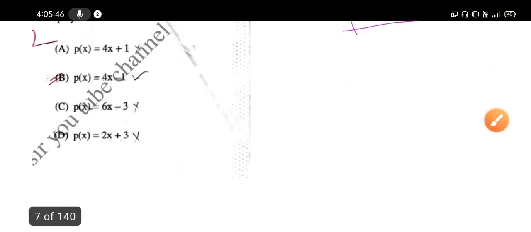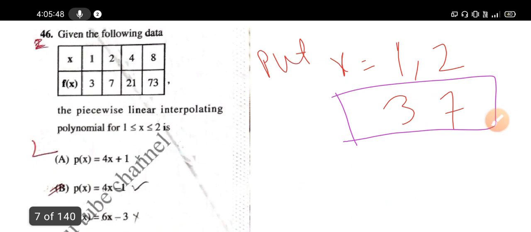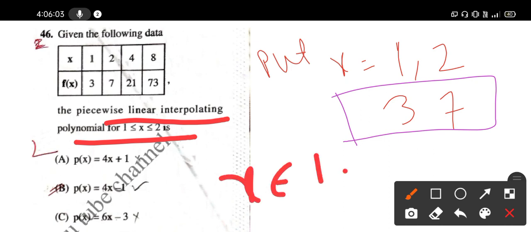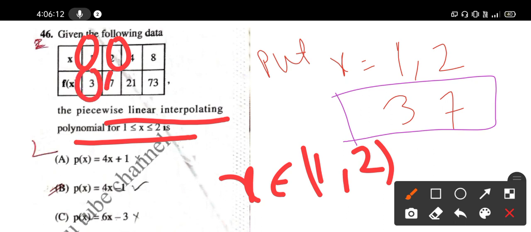Next question. Given the following data, x and f of x, find the piecewise linear interpolating polynomial for 1 less than or equal to x less than or equal to 2. Here x lies only between 1 and 2, so put these values in options 1 and 2, and we get 3 and 7.